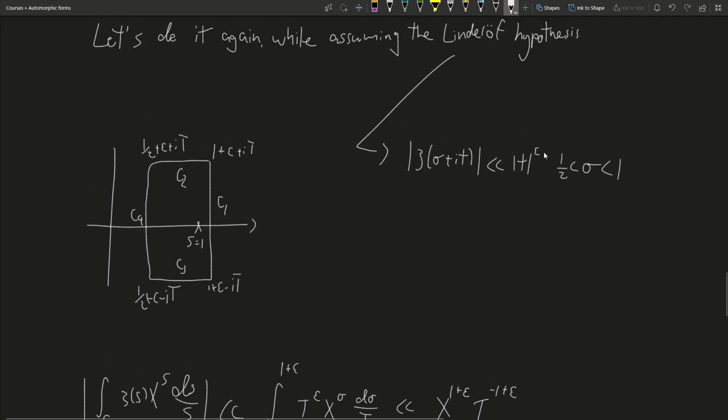And the Lindelof hypothesis really helped us because it meant that our error term was smaller, because our integrand was smaller. So our estimate of the integrand along C4 and also C2 and C3 was smaller than what we had gotten without the Lindelof hypothesis. And that means that C1 was more of the contribution of the sum of residues.